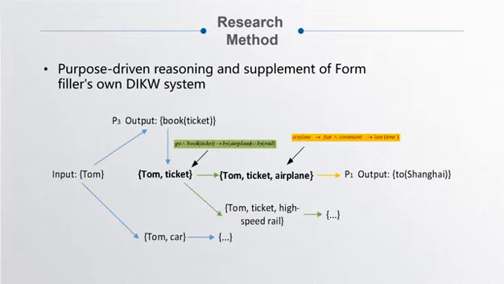We propose a purpose-driven reading and supplement method of form fillers on the DIKW system. For example, according to the constraints of the purpose, book ticket, and related knowledge and value judgment, it is deduced that Tom buys a ticket to go to Shanghai by airplane.